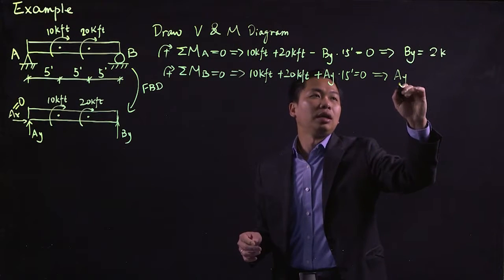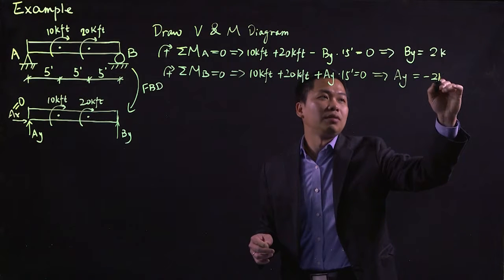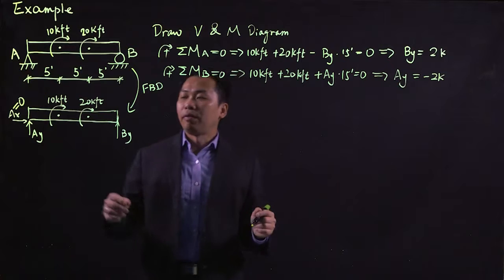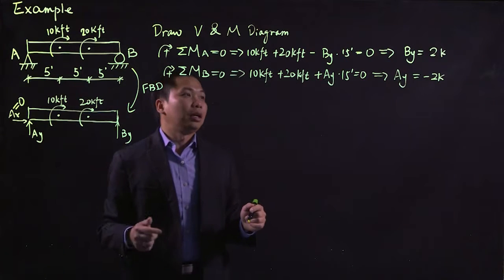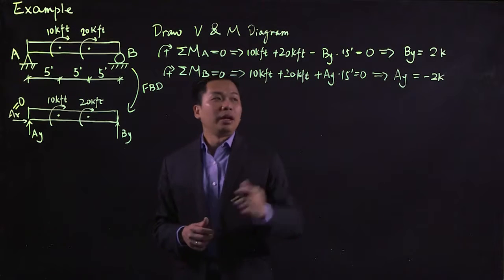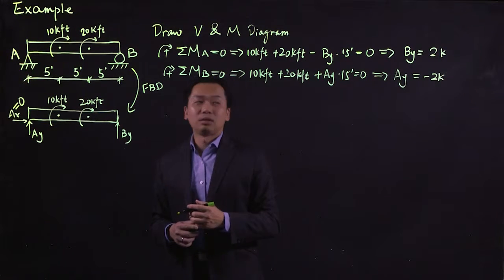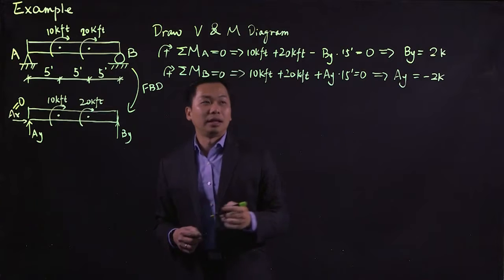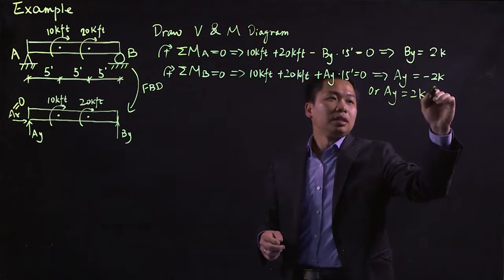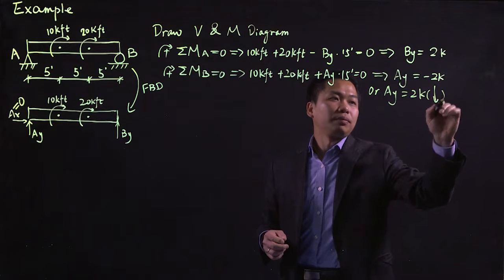Your AY then is equal to negative 2 kips. The negative sign again means the direction of the force is opposite to your assumption, since you're assuming AY to go up. If AY is equal to negative 2, your AY is in the direction going downward.